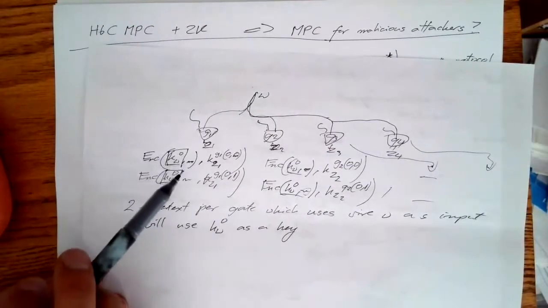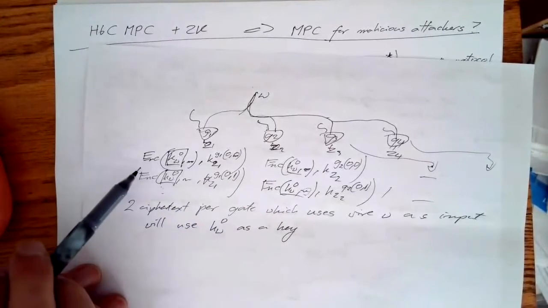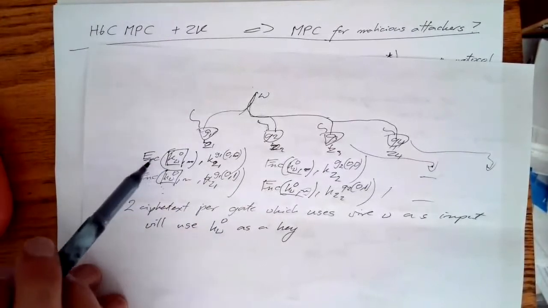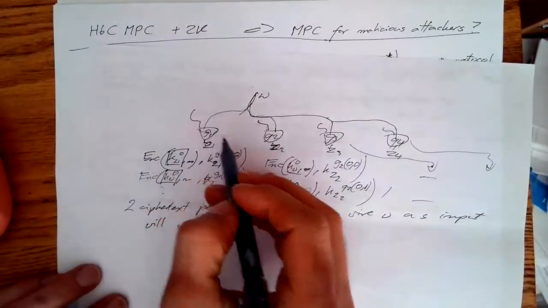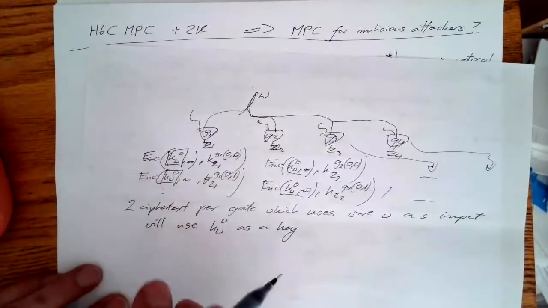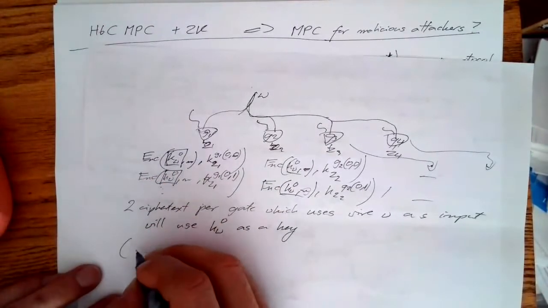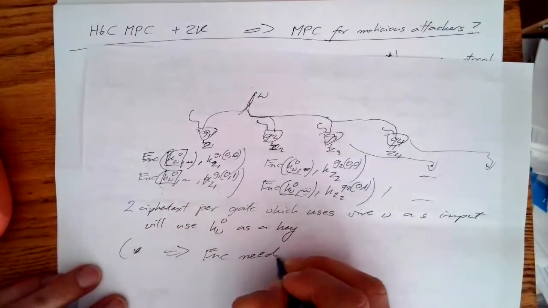Okay, now there is a way to avoid that, because each of these wires has a certain placement in the circuitry. You can use the index of this gate as a counter. So enc needs randomness.